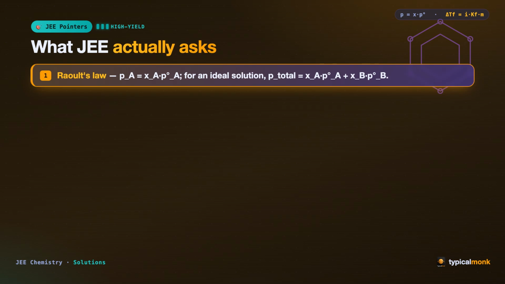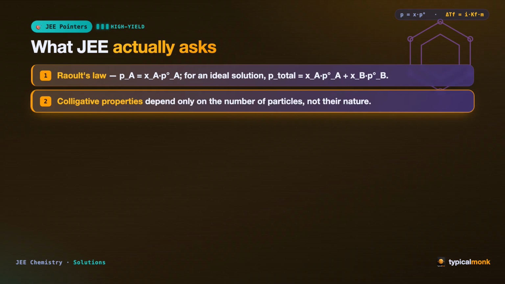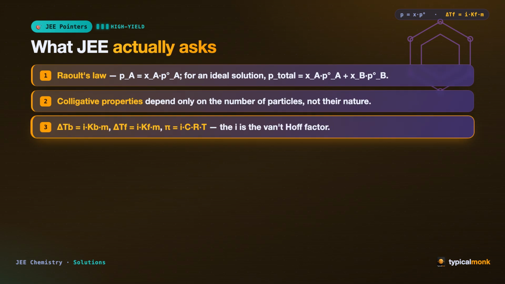5 pointers. 1. Raoult's law. The partial pressure of A is x_A times p°_A, and for an ideal solution, the total is x_A p°_A plus x_B p°_B. 2. The colligative properties depend only on the number of particles, never on their nature. 3.